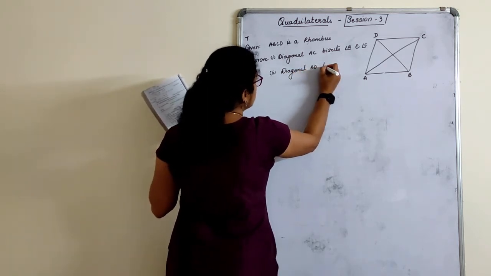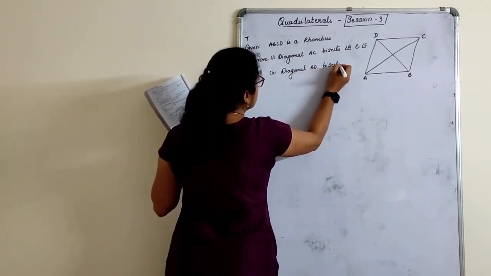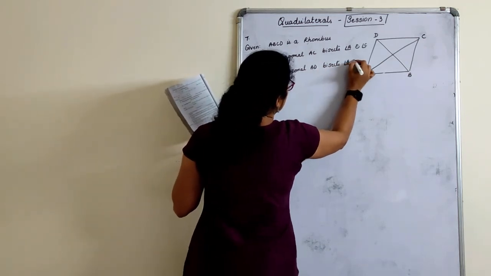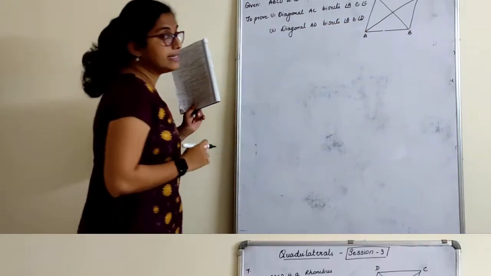Diagonal BD bisects angle B and angle D.